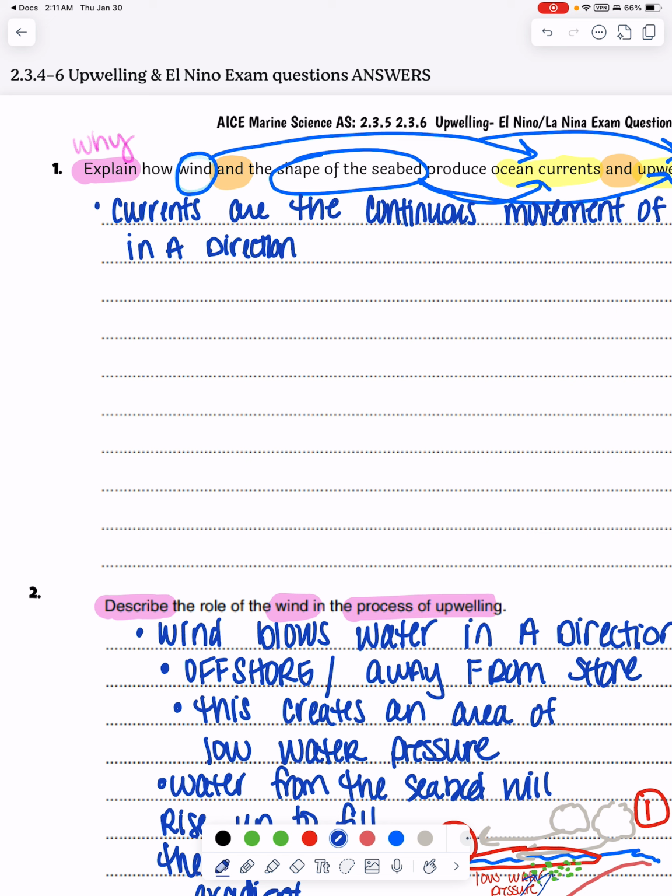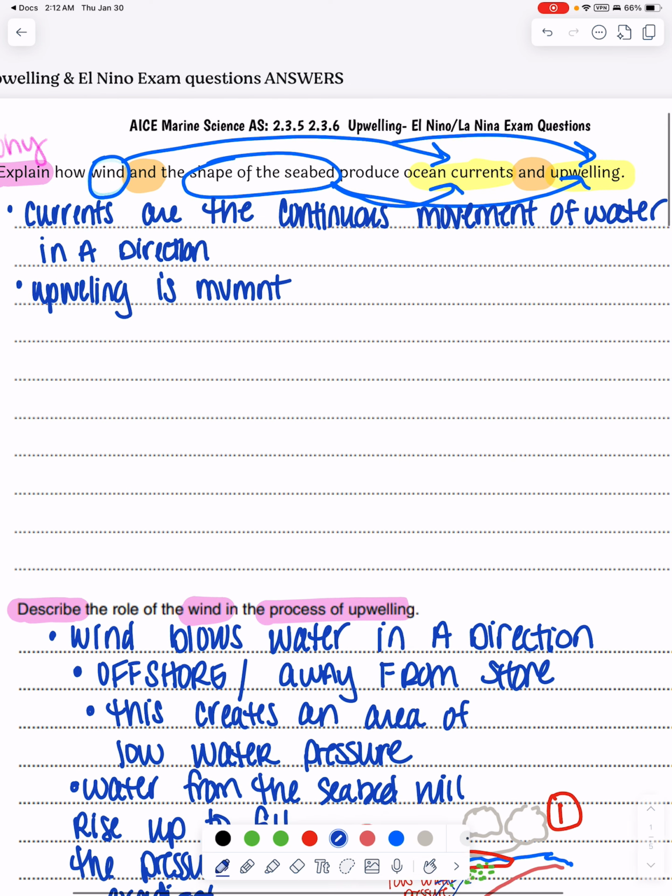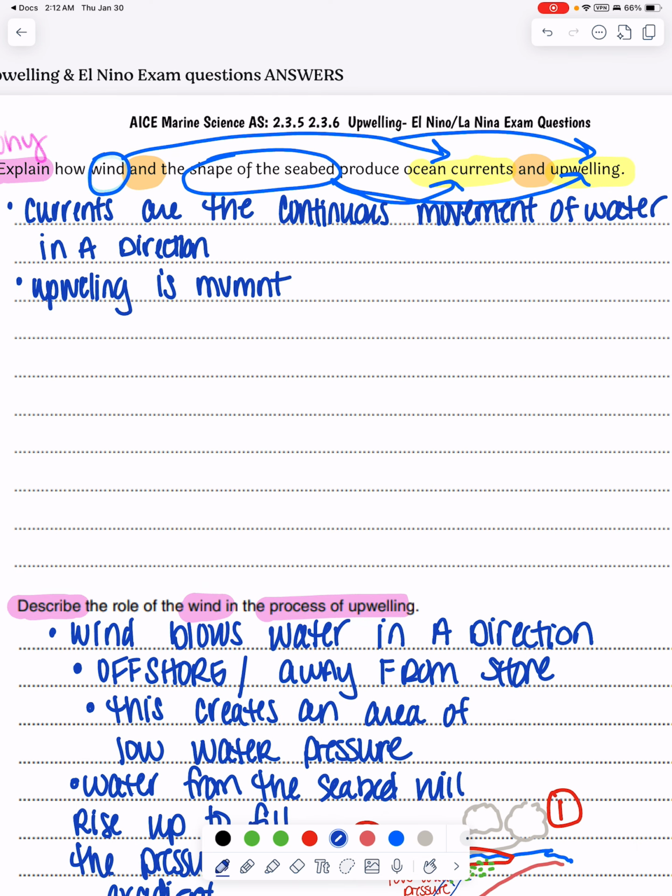And then your definition of upwelling. Movement, just much more simple. Don't write it like that on a Cambridge exam.